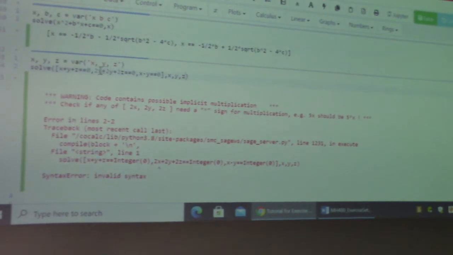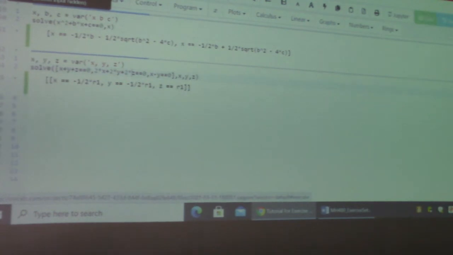Well, apparently you have to put the stars for multiplication. It is required. Wow.